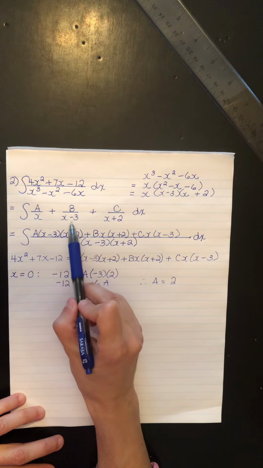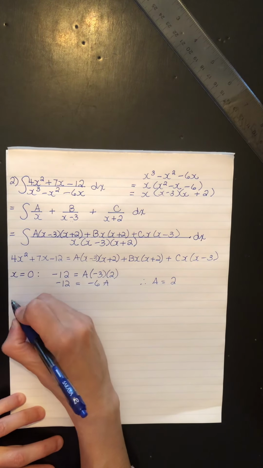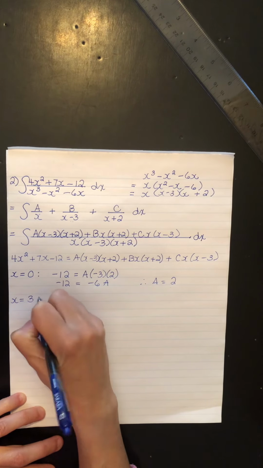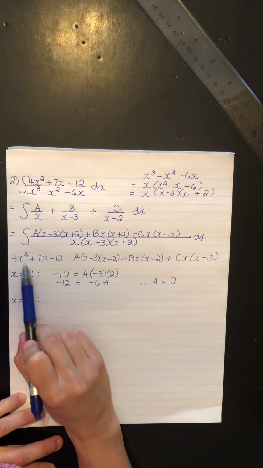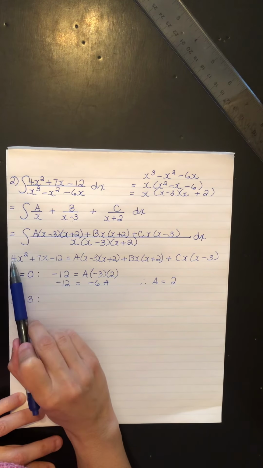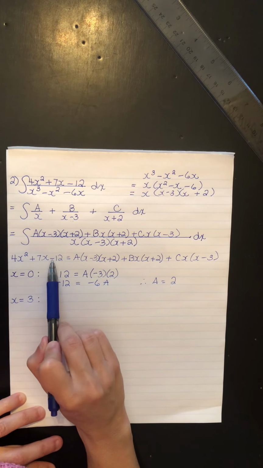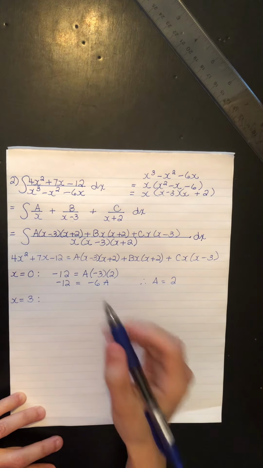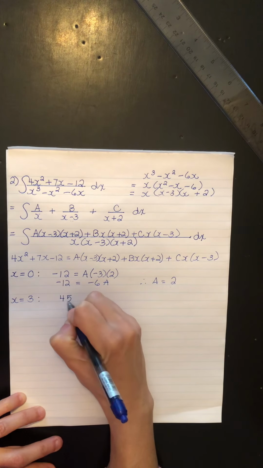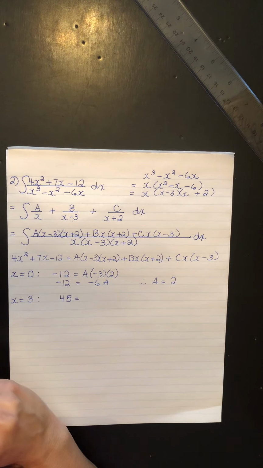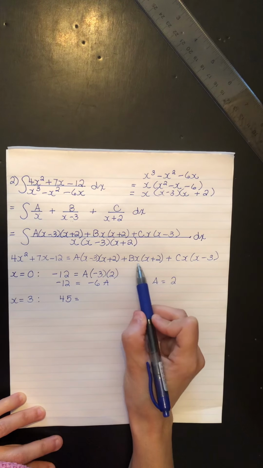The next root is x is 3. So we'll substitute that now. Now you have to substitute 3 in the left side. So 4 times 3 squared plus 7 times 3 minus 12, which is 45. Substituting 3 on the right side will only give us one non-zero term here.